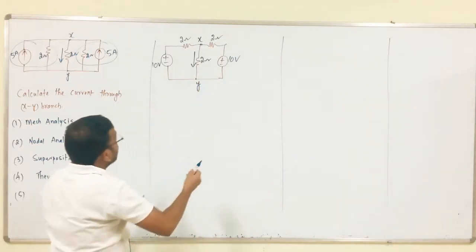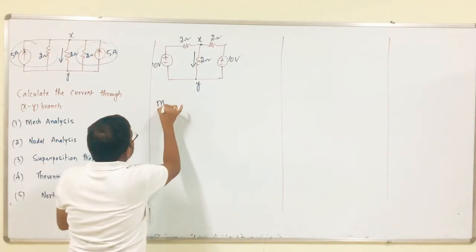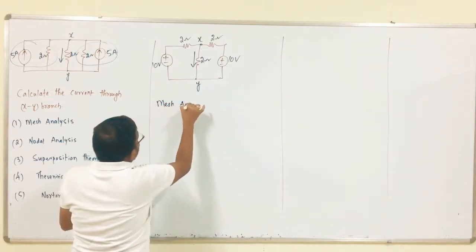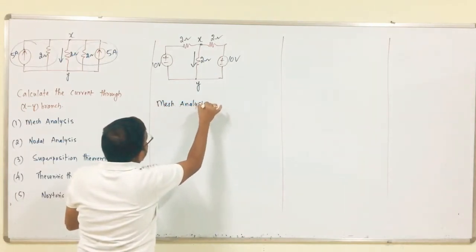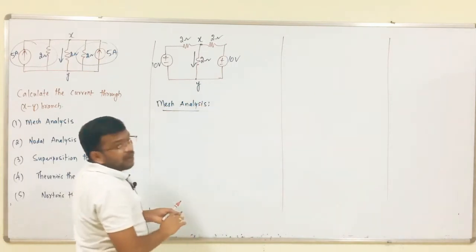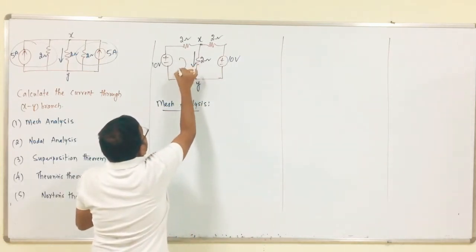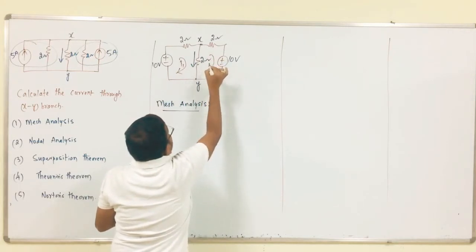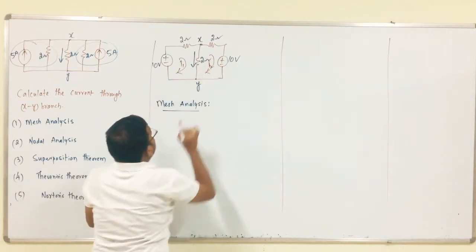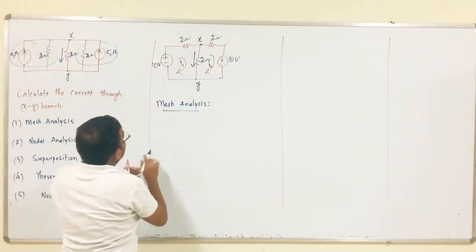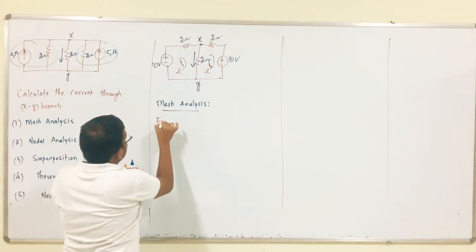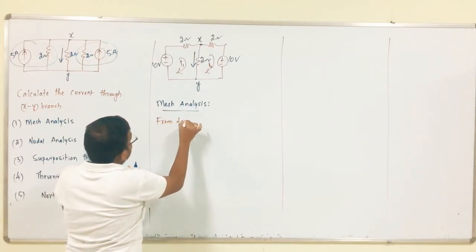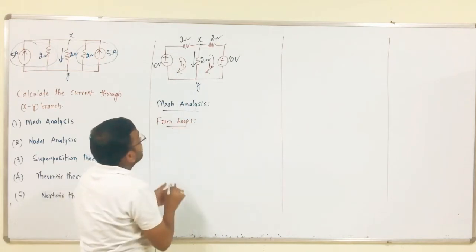Like this we have to analyze the circuit. So, first we have to do mesh analysis. From this, how many loop currents do we have? This is loop 1, I1, this is I2. So, from loop 1, what is the KVL equation?